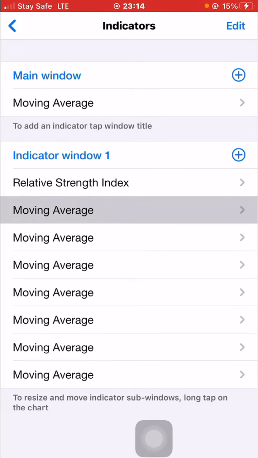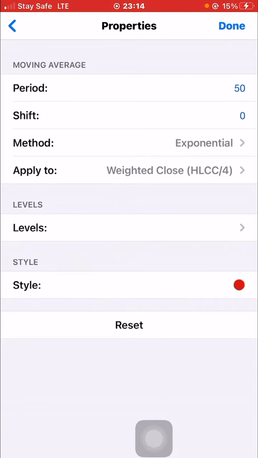Moving average: we have the red moving average, which is the 50 moving average, shift 0, method exponential, applied to weighted close, HLCC/4. Levels, no levels.